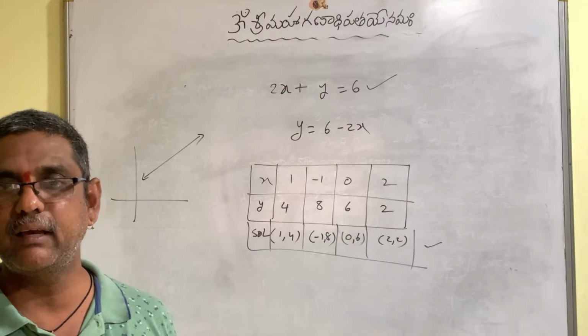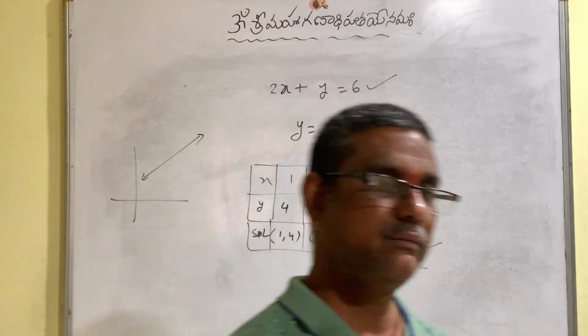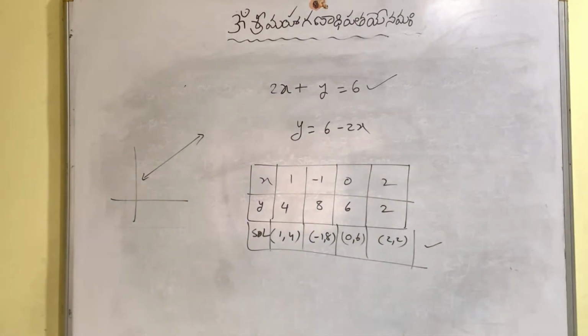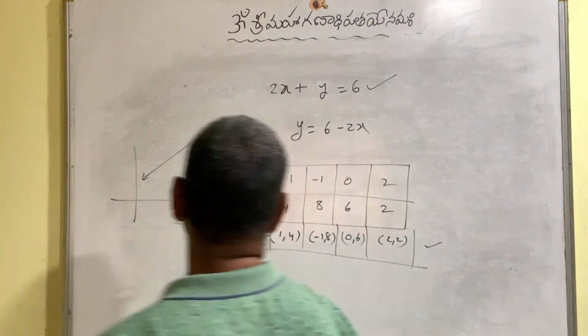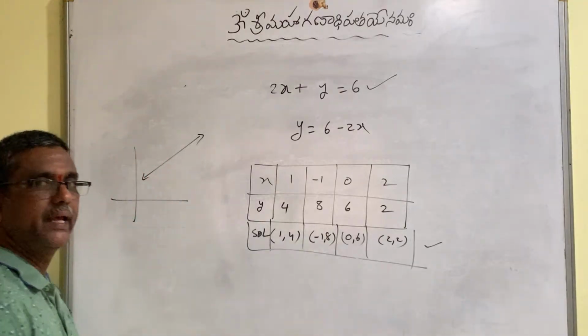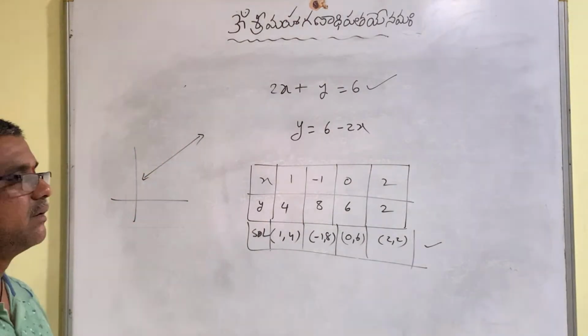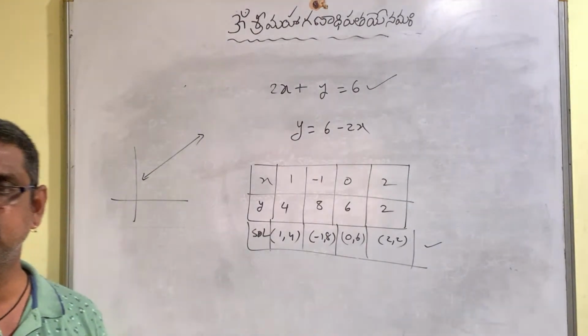We have to find minimum 2, maximum your wish. If we plot these points in the graph and join them using the scale, we will get a straight line like this.